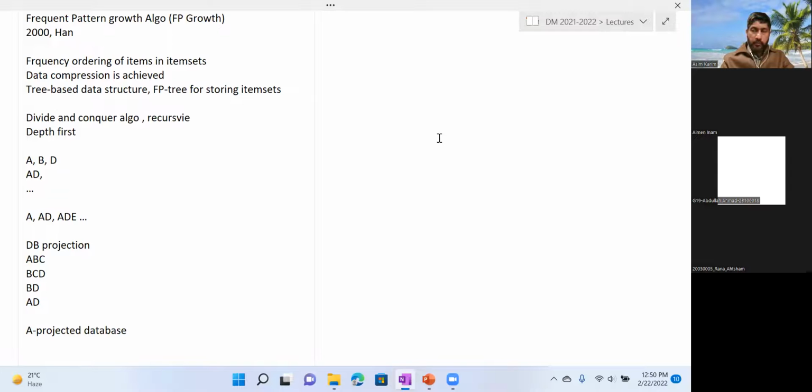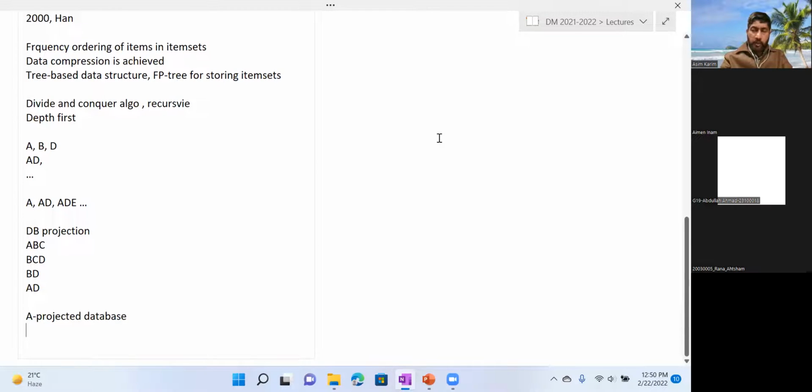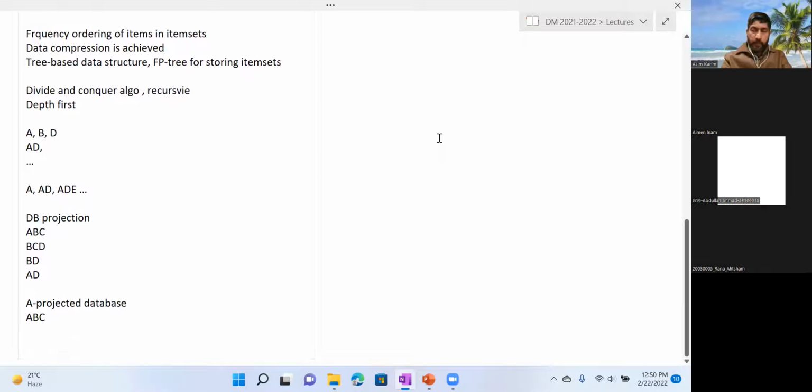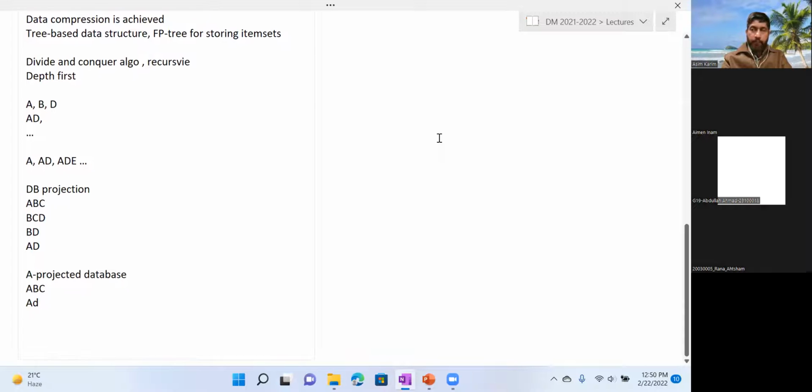There is no A in the second transaction, there is no A in the third, and there is an A in the fourth. So the A projected database would be ABC and AD. This is the portion of the database that contained that item or item set.